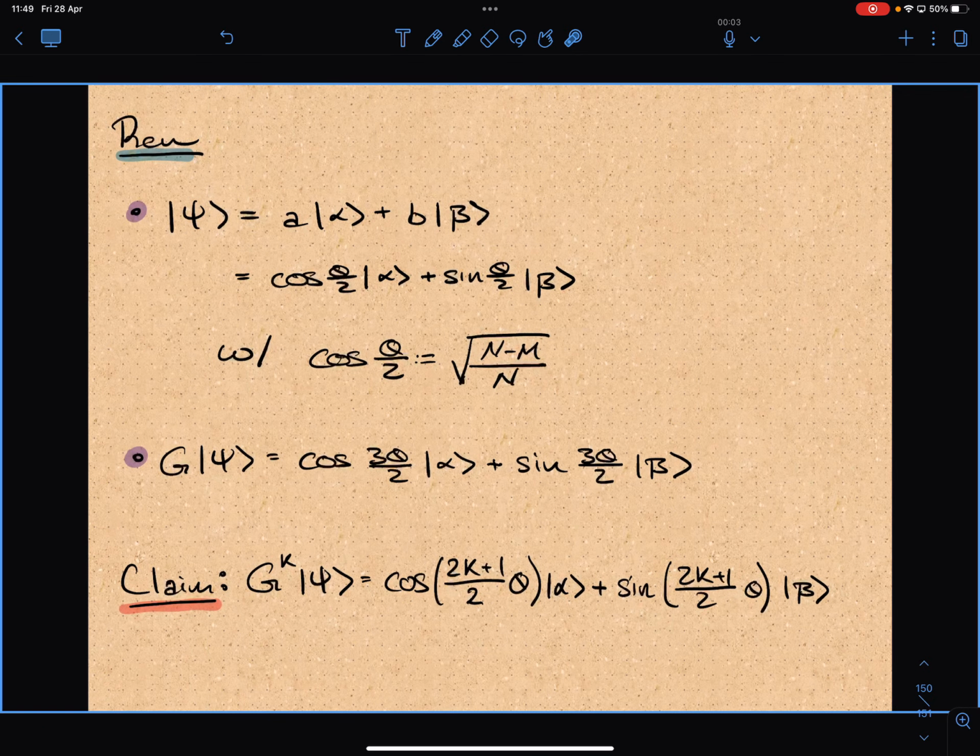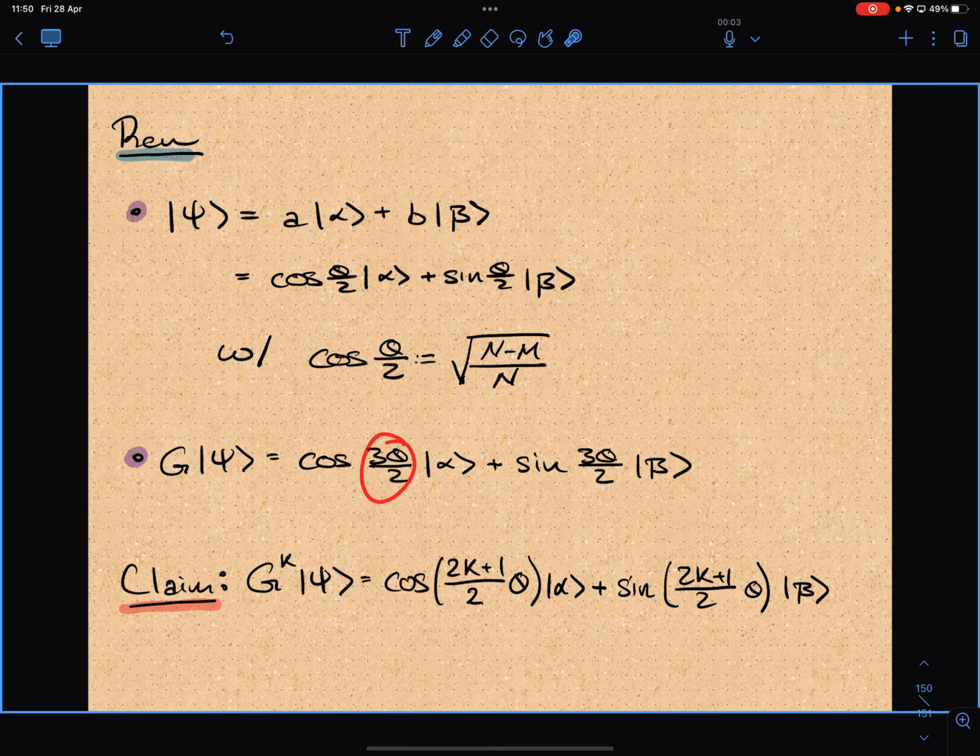So in here, if psi is A, B, we can write it as cosine theta over 2 and sine theta over 2, where the angle is determined by this condition, where we have the number of solutions and we divide by the number of inputs. And the result of applying one Grover iteration is that we're going to go to 3 theta over 2.